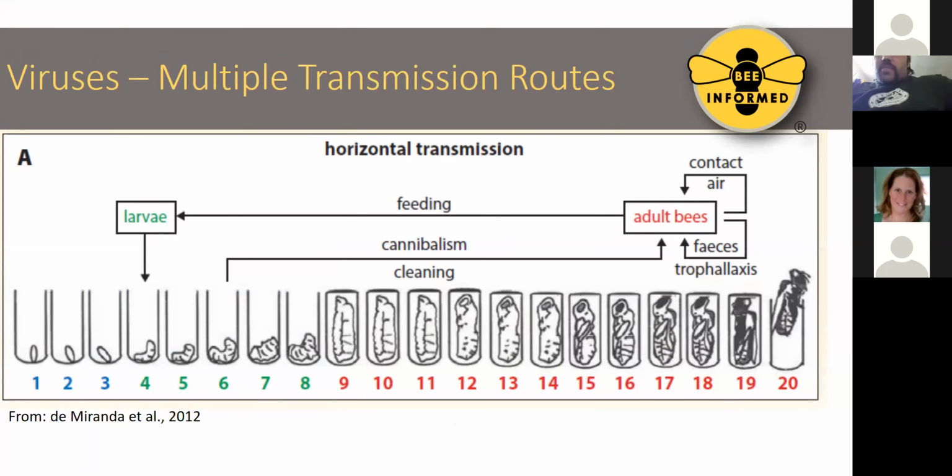Viruses can be transmitted through different routes. Traditionally, viruses were transmitted horizontally from bee to bee, either through oral or fecal route or simple contact. But viruses can also be transmitted vertically from mothers to daughters. The transmission route is an important factor that determines the dynamics for these pathogens.